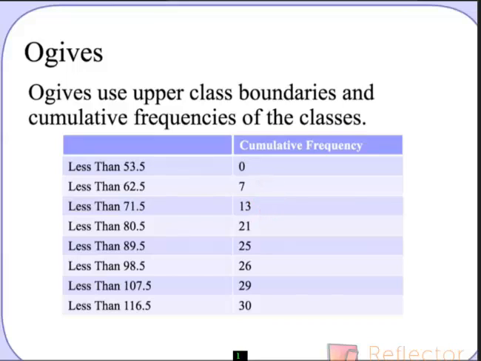Because if you recall, we had the class frequencies of 7, 6, 8, 4, 1, 3, and 1. And so what I've done is taken 7, and then 7 plus 6, and then those numbers plus my 8, and then those numbers plus my 4, added the 1, added the 3, and added the 1.